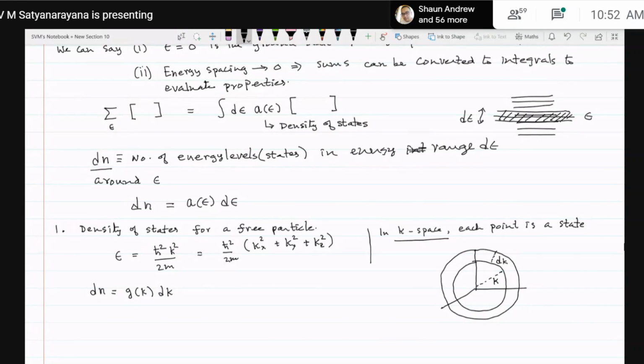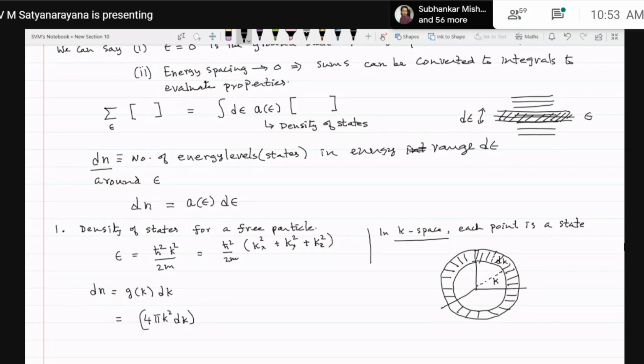Essentially, you calculate the volume of this annular region, and that is equal to 4 pi k square into dk. This is the volume.